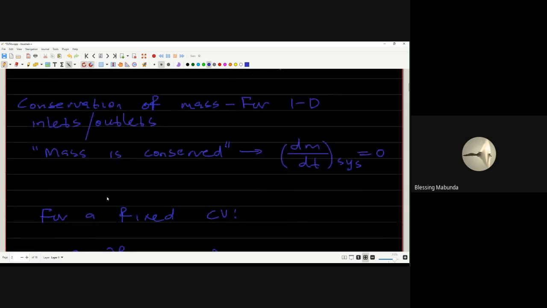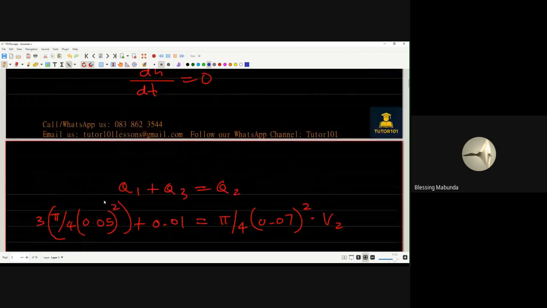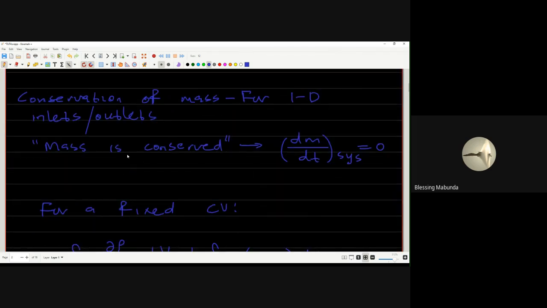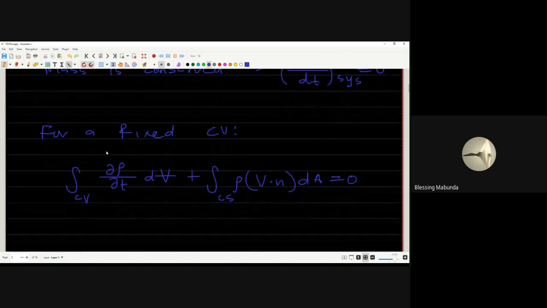All right, so what I think you might struggle with here for this question is that when it comes to breaking down this equation and getting it to here, I didn't show how you can go from the conservation of mass equation. Right, so for a fixed control volume, this is how your equation looks.